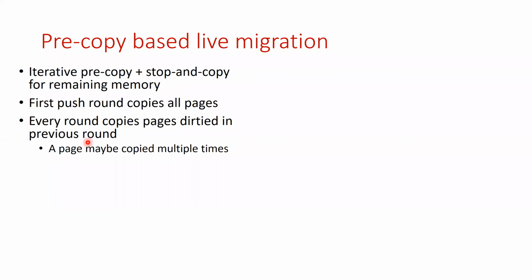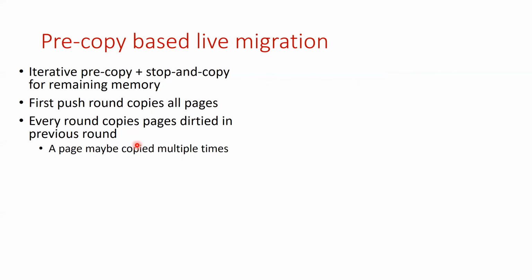So initially the VM is running, you first make a copy of all its memory to the target location. Now while you're doing it, the VM might have written to some pages, and what you have at the target now becomes old data. The VM has changed it in the original location. Then you copy it once again, right? So iterative pre-copy has multiple rounds.